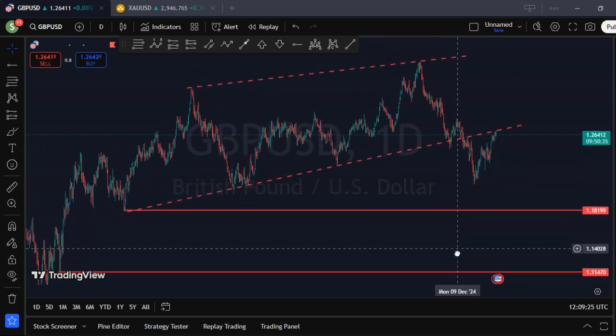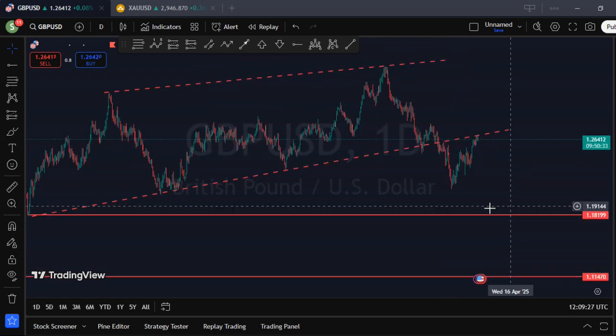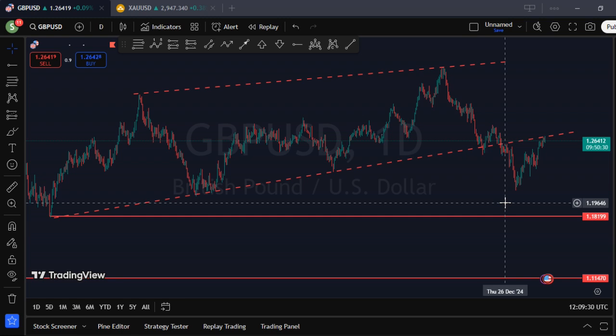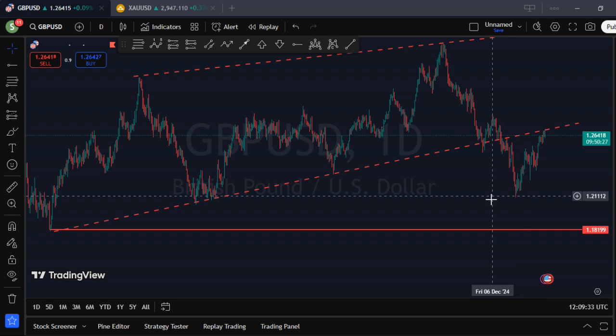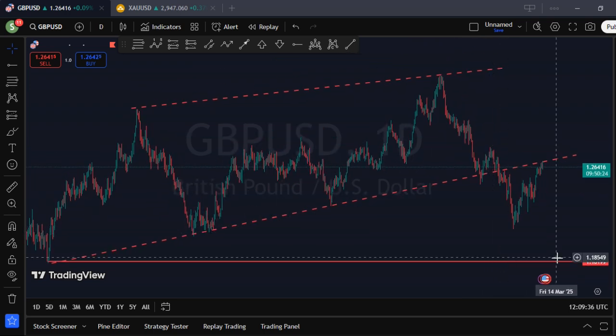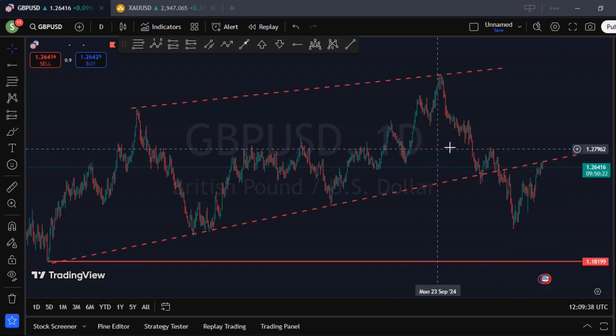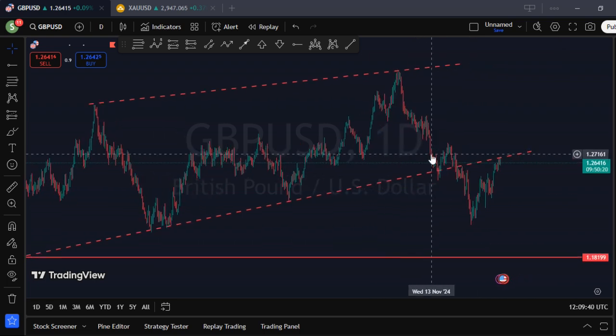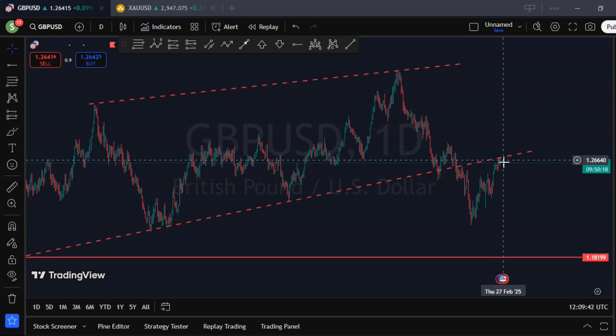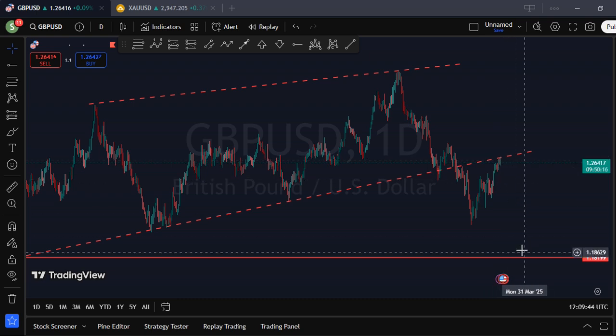But for safety reasons, my profit point or my target is the first red line, this one. From where we are, we already know that the retest is going to move from here to here. You get what I'm saying?